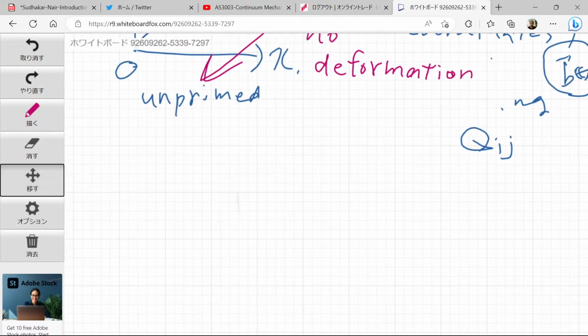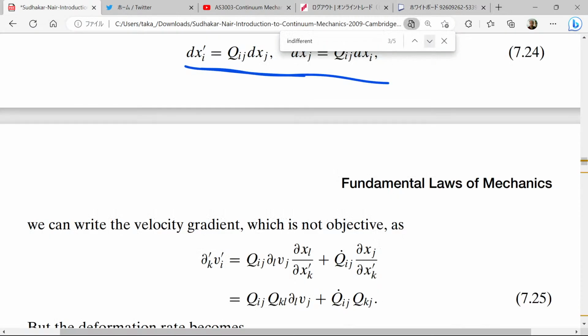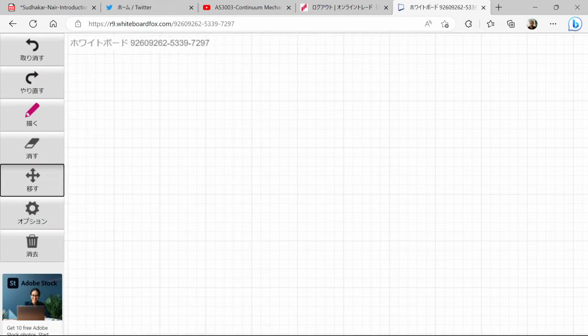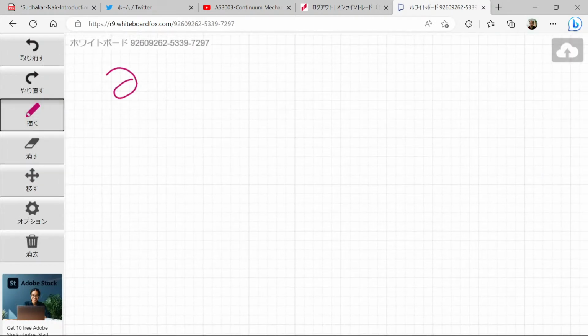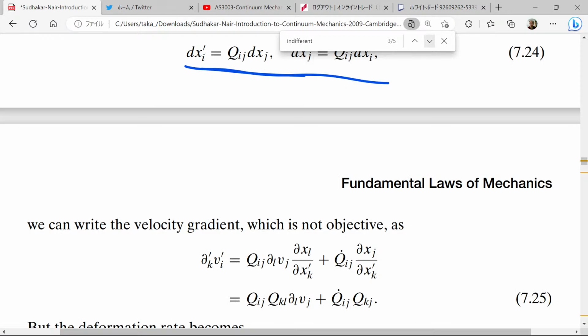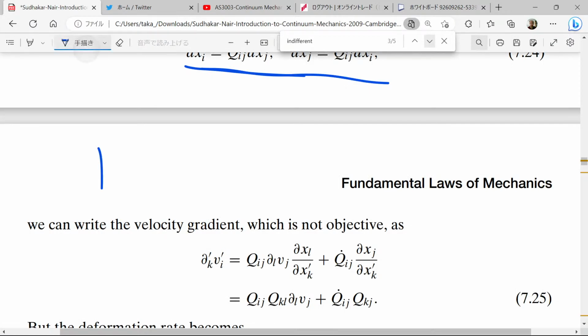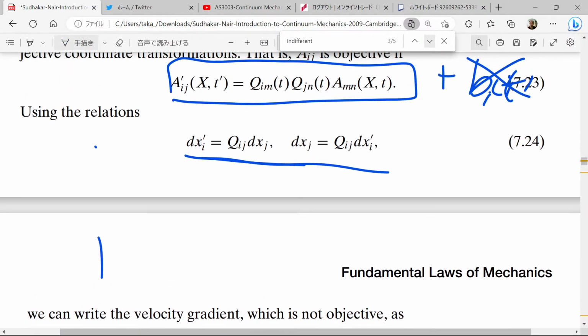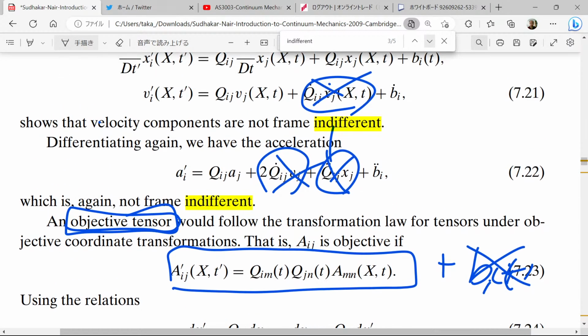So we go to partial k vi, partial vi prime over partial xk prime, and then we have to put vi, because we want to change this to the primed coordinate from the unprimed coordinate.